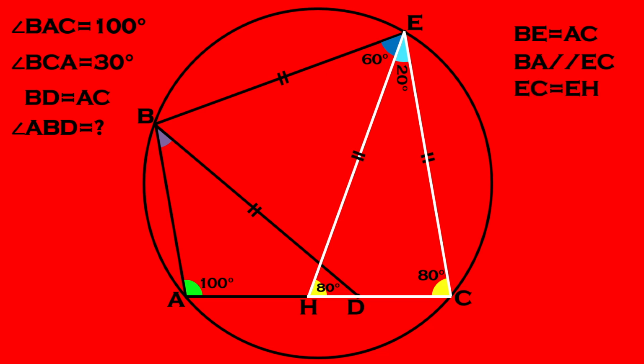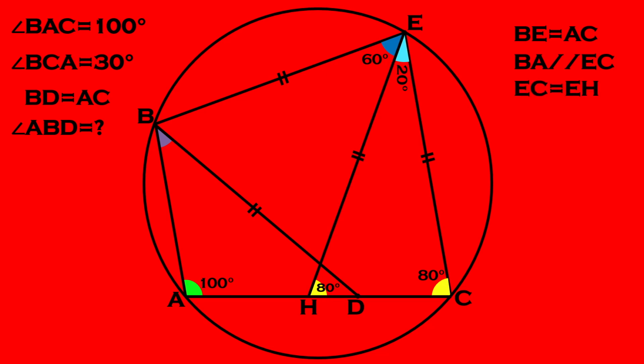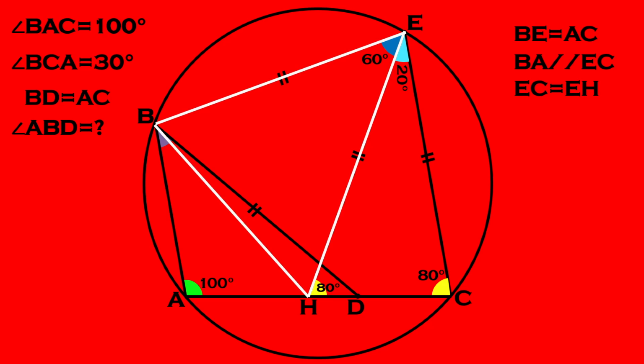Therefore it's isosceles. Now we form BH and we focus on this white triangle. It's an isosceles triangle with the apex angle equal to 60 degrees. Therefore we can easily show that it's equilateral.